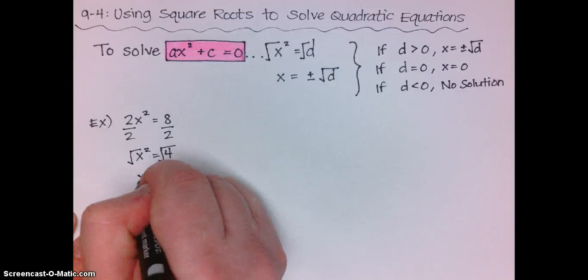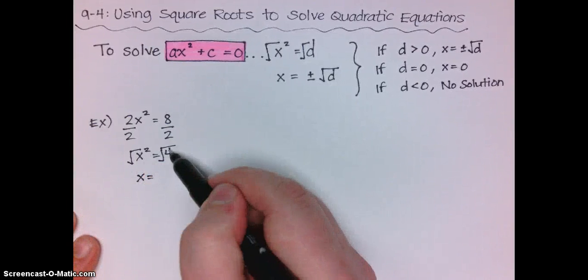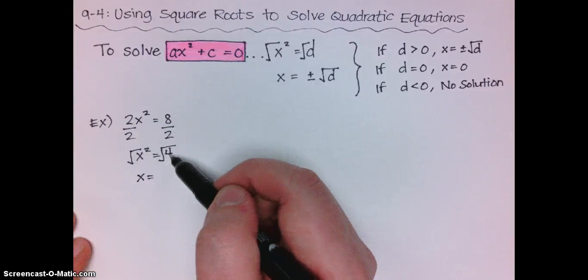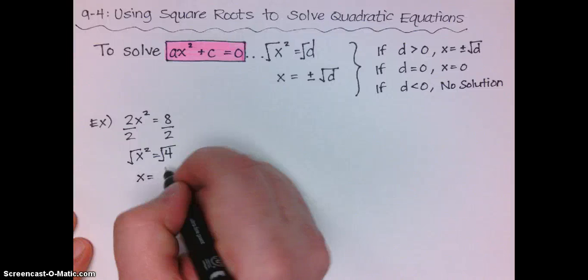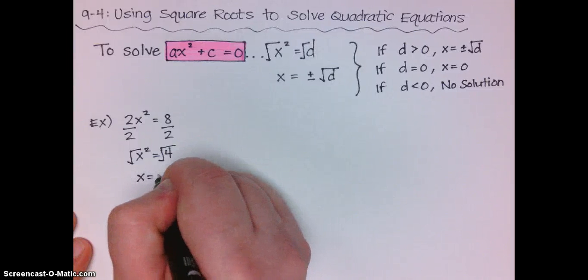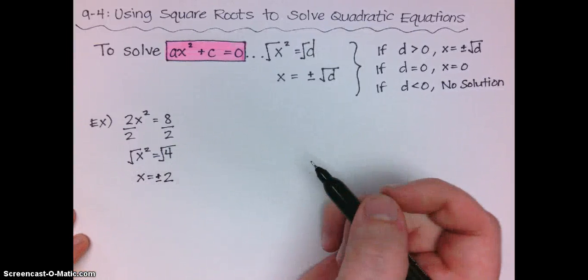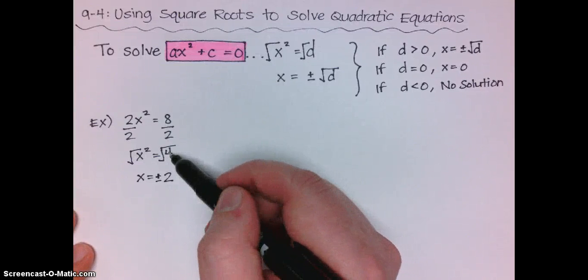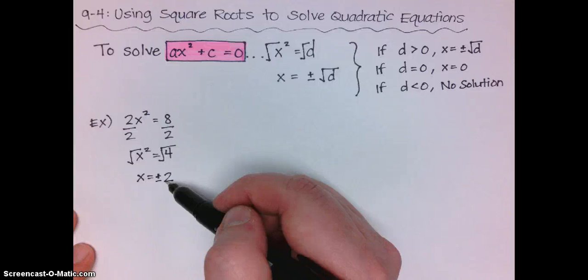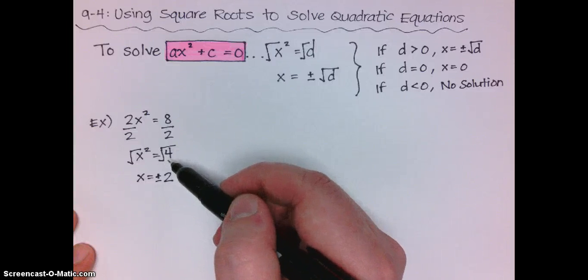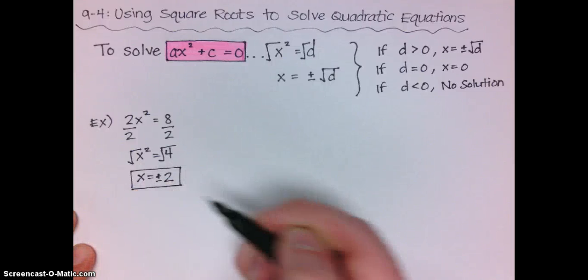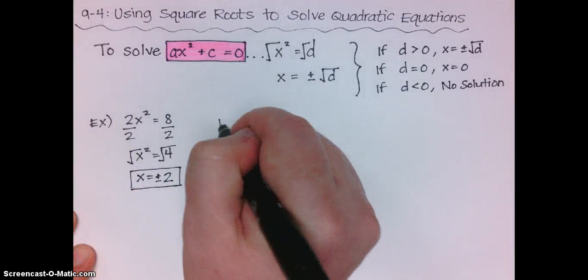So x is equal to the square root of 4. What number times itself gives me 4? Well, it's 2, but it's also plus or minus 2, because positive 2, when you square it, gives you 4, but also negative 2, when you square it, gives you 4 as well. So I have two solutions here. x can be positive 2 or negative 2.